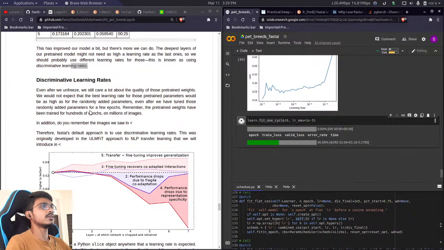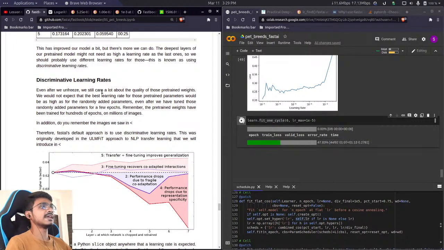Even after we unfreeze, we still care a lot about the quality of those pre-trained weights. We would not expect the best learning rate for all those pre-trained parameters to be as high as for the randomly added parameters. So we don't need the learning rate for the pre-trained model to be as high because they are already trained. We don't want to tweak them as much as the final layers, even after we have tuned those randomly added parameters for a few epochs.